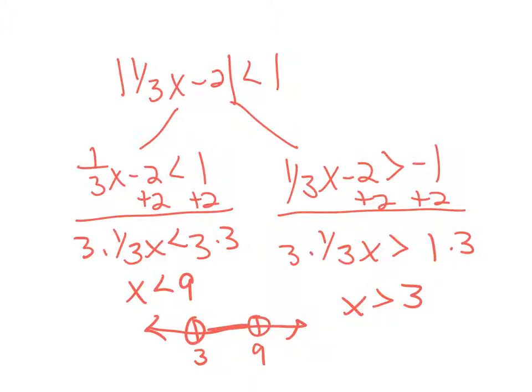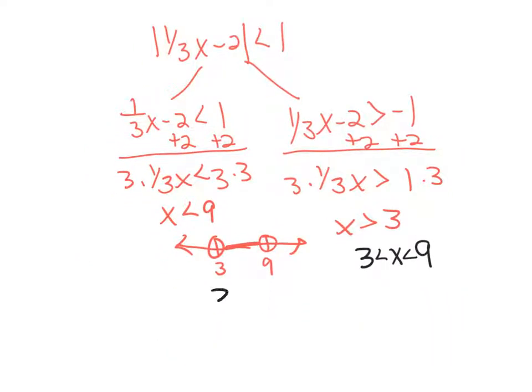Over here, x is greater than 3, so that's here. Another way to write this would be 3 and 9, x in between. So we're saying 3 is less than x, which is less than 9. Just a different way of writing it.